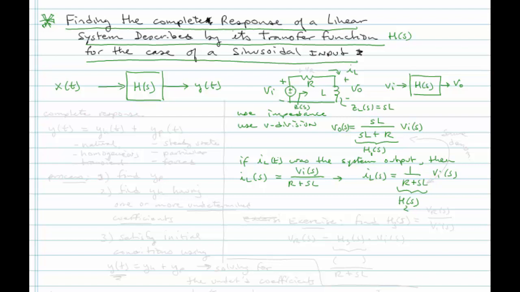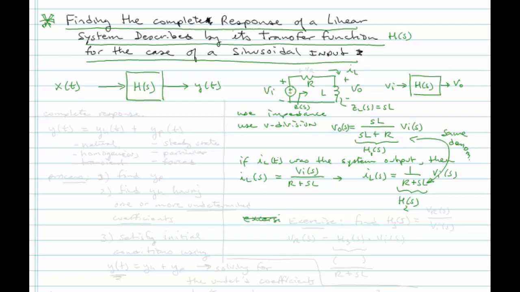One thing we notice is that they share the same denominator. And no matter what transfer function you were to write for this system, you would always find the same denominator. As an exercise, I'll give you a little exercise to try.